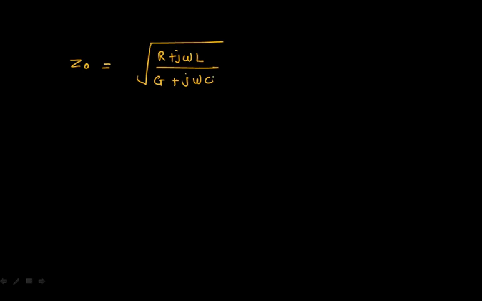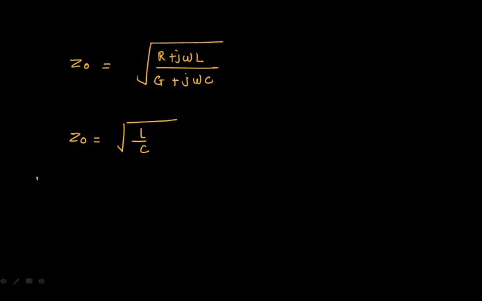If that particular transmission line is ideal, then that Z0 can be written like this: the square root of L by C. This is one way you can define the characteristic impedance of any line. You can think of this characteristic impedance as the value which the load impedance must have to match the load to the line.